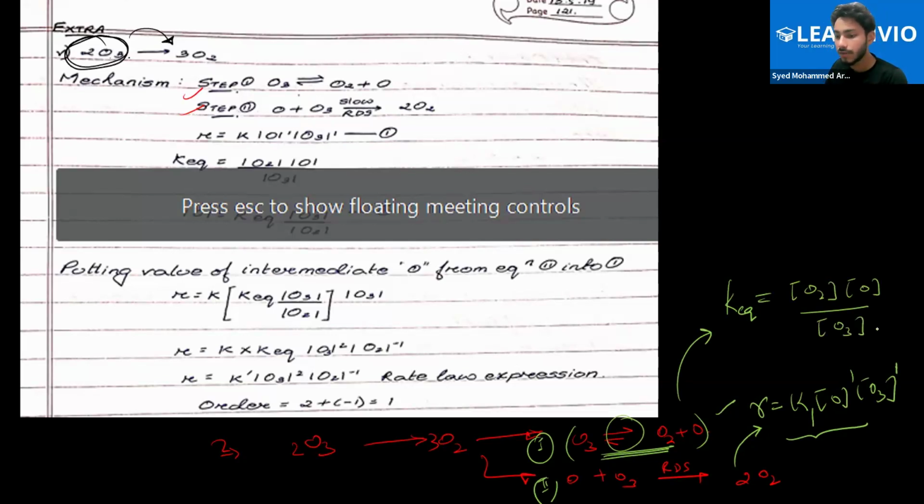So K equilibrium, your equilibrium constant, equals the product of the concentrations of the compounds on the product side, O2 and O, divided by the compound on the reactant side. Understood or not?